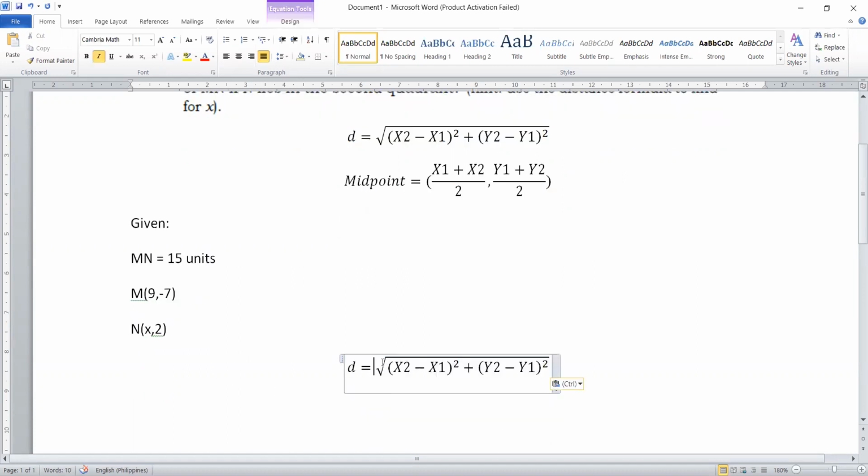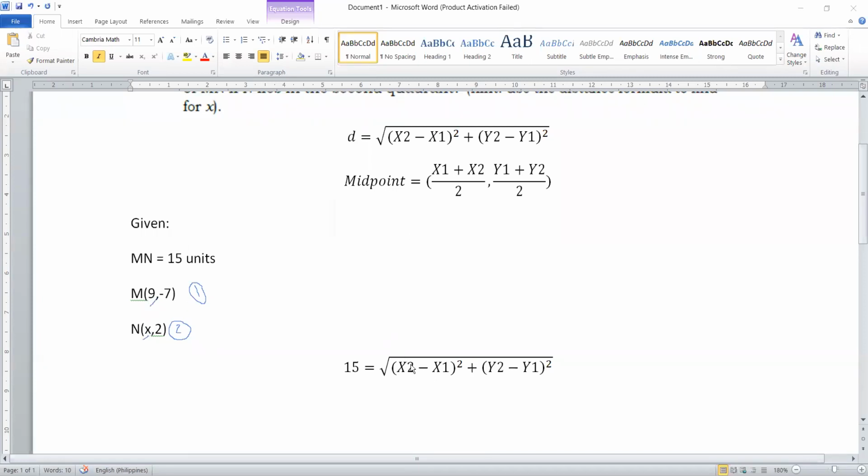So let's start. The distance is 15 units, that's given. Next, you'll have here point 1 and point 2. It doesn't really matter whether you name N as your point 1 and M as your point 2, you'll get the same results. So that will be x2 is x and x1 is 9.